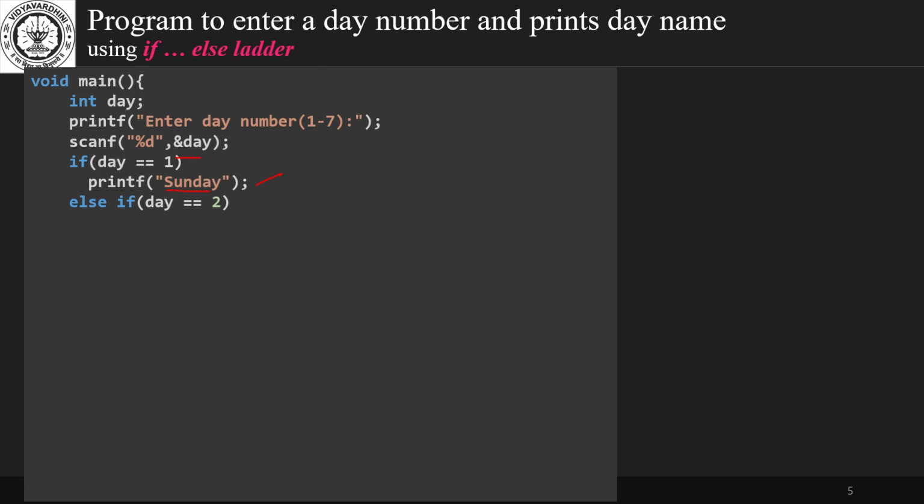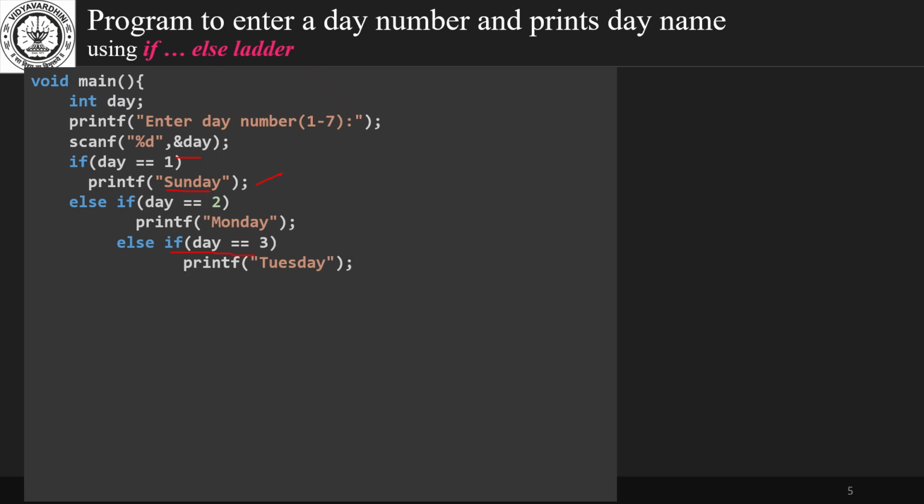In the else part I'm checking one more condition, if day equal to 2. If this second condition is satisfied, write printf Monday. If the second condition is also false, it will go to the else part and check the third condition, if day equal to 3. If it is true, then write printf Tuesday.